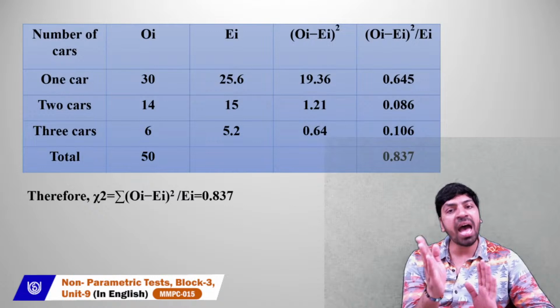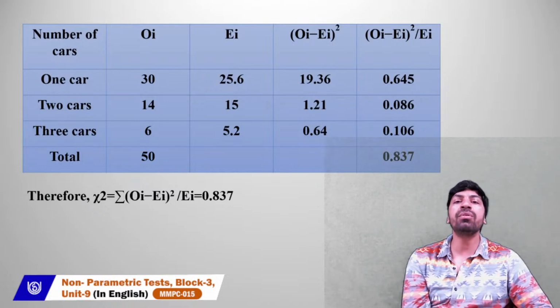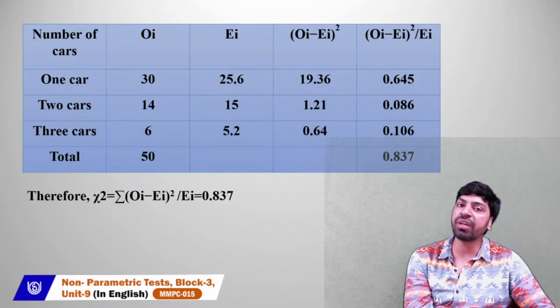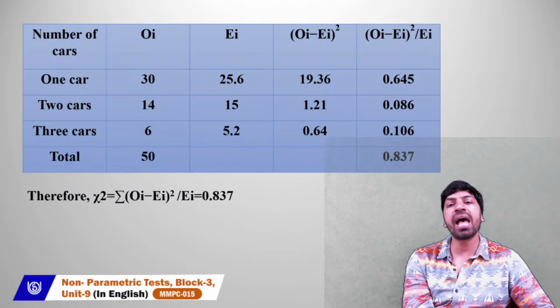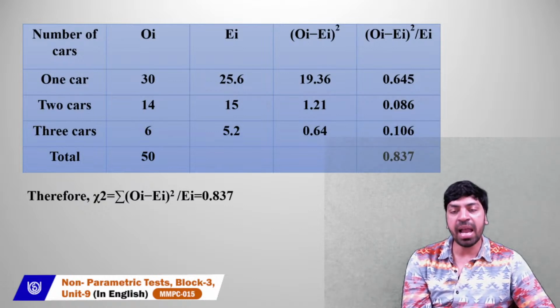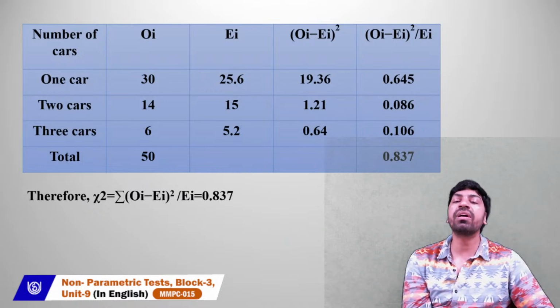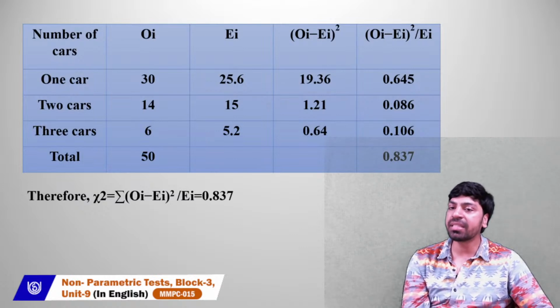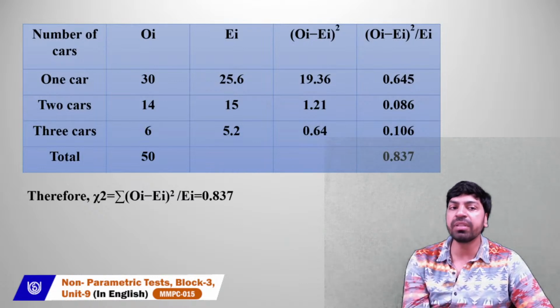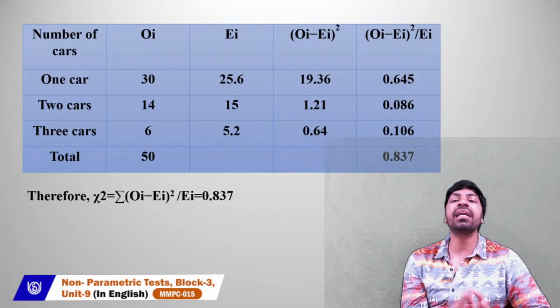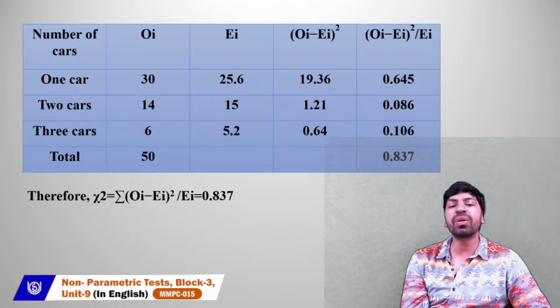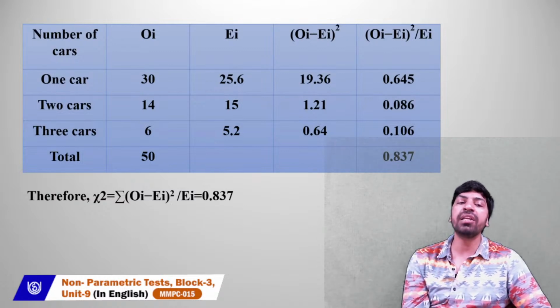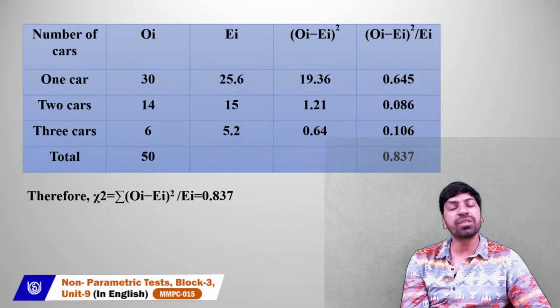So we divide (O minus E) whole square by the expected frequency, and we get the individual chi-square values, that is 0.645, 0.086, 0.106. Once we get all three values, we add them, that is 0.837, and this value is called the chi-square value.